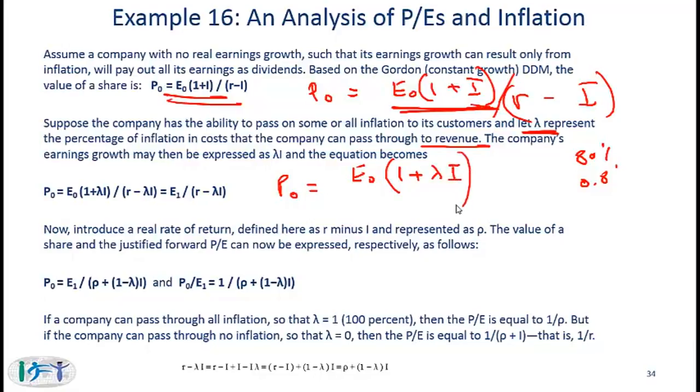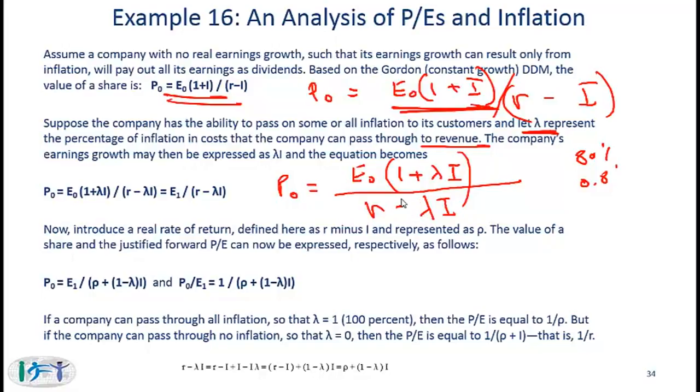Why? Because now at what rate is your earnings going up? Is it going up purely at the inflation rate, or does it go up at less than the inflation rate? Less than the inflation rate, based on lambda. If lambda is 0.8, then E naught into 1 plus 0.8 times inflation, divided by R minus G. What's your growth rate now? Is it inflation, or is it actually lambda I?